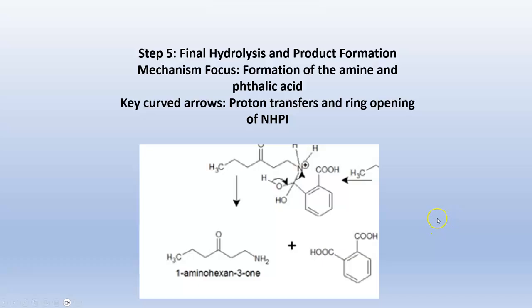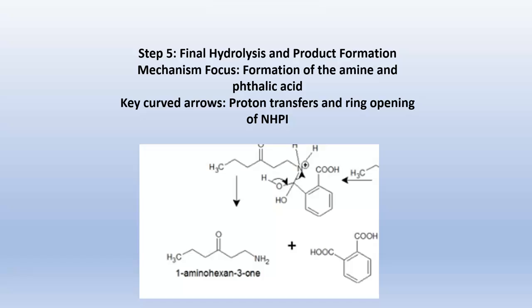The final step is the final hydrolysis and product formation, which is what you see down here. The mechanism that's occurring here is the formation of the amine and the phthalic acid. The key curved arrows here are the proton transfers and ring opening of NHPI. More proton transfers occur to neutralize the products.